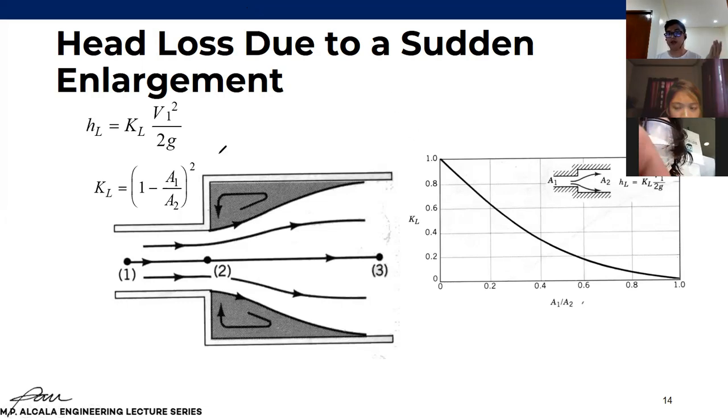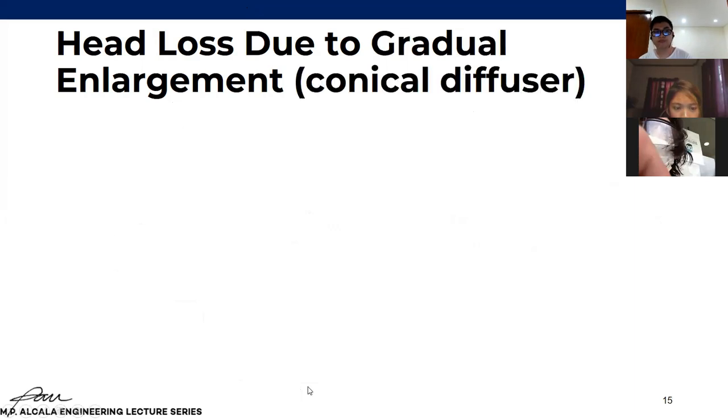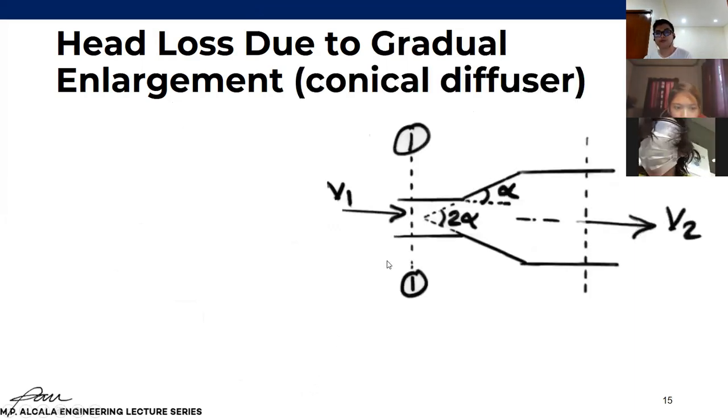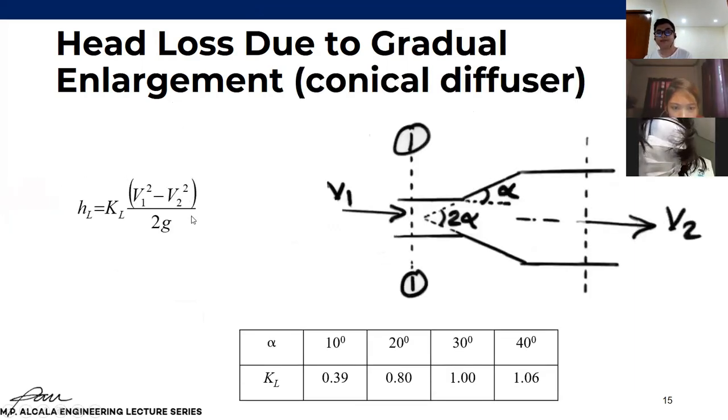If it's a sudden enlargement, sudden expansion, sudden contraction, or meron ka bang diffusor, meron ka bang, ano yung isa? Confusor. Okay? So, binibigay naman. Okay. Formula? Almost the same also. So, pare-pareho lang, ano? Predetermined na, alam mo na yung values, alam mo na yung constants from the formulas. Okay?